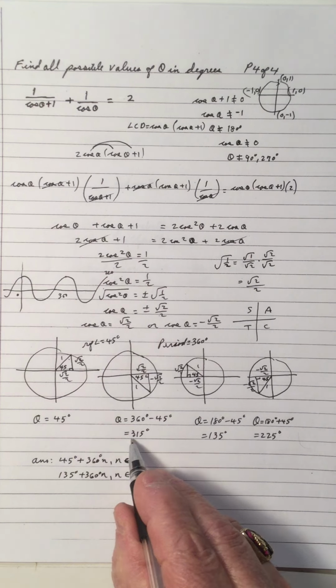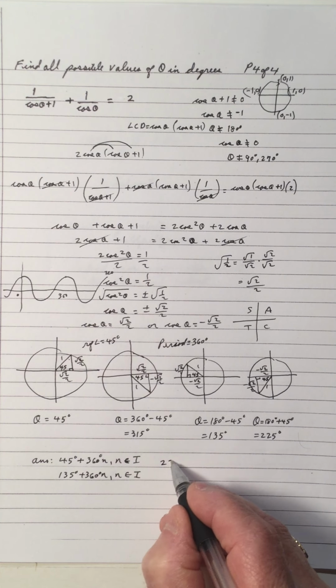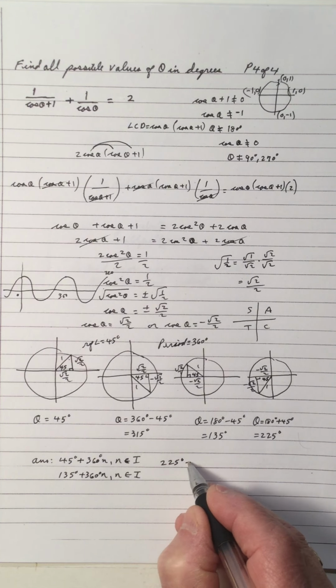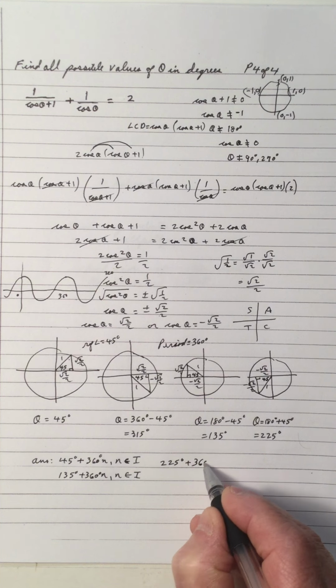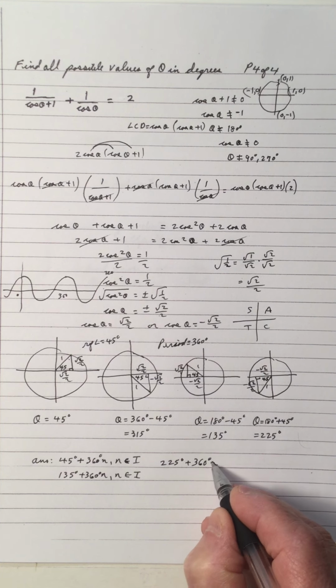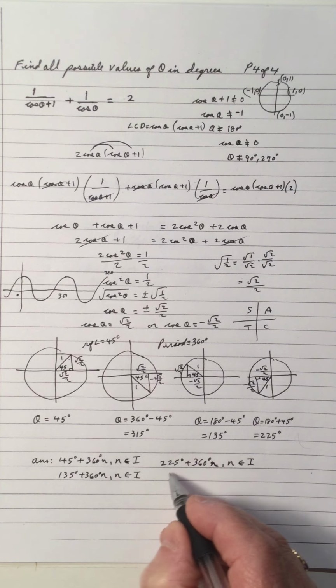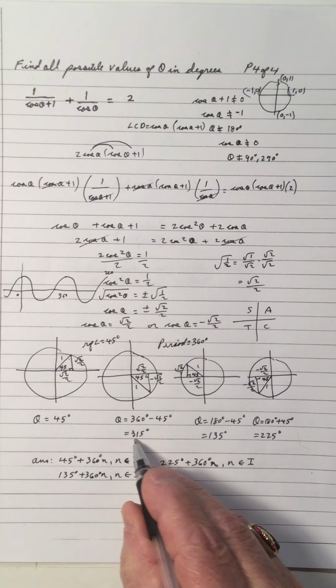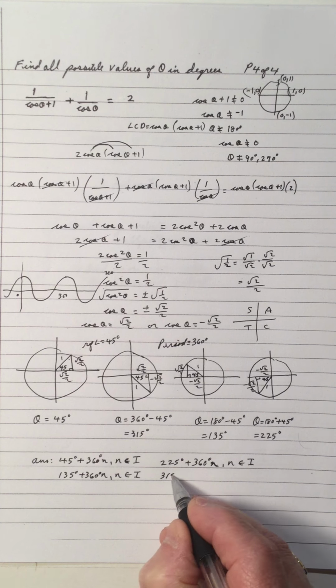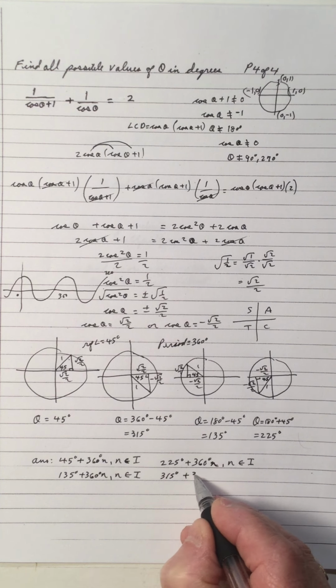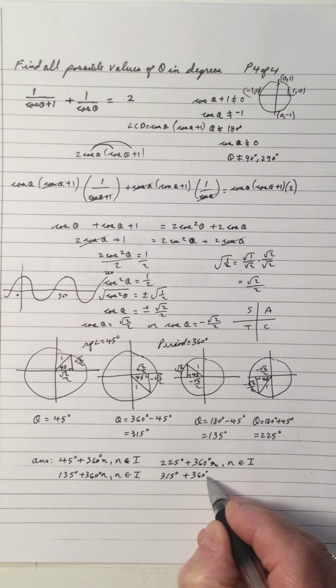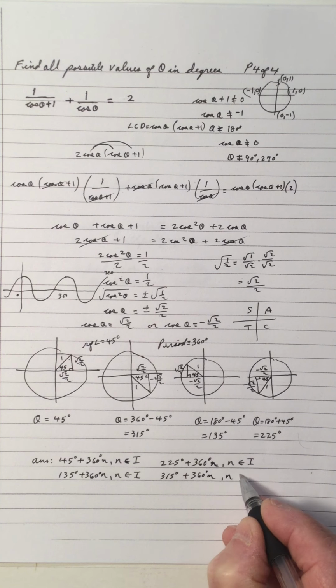And the next one is 225, so we have 225 degrees, add on 360 degrees times n, where n belongs to the integers. And we have 315, add on 360 times n, where n belongs to the integers.